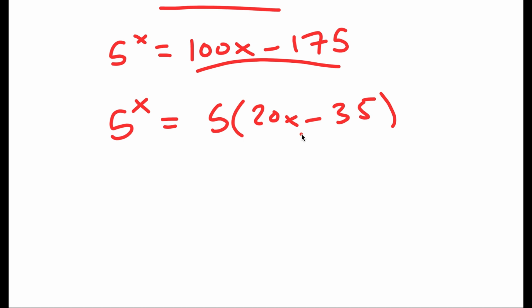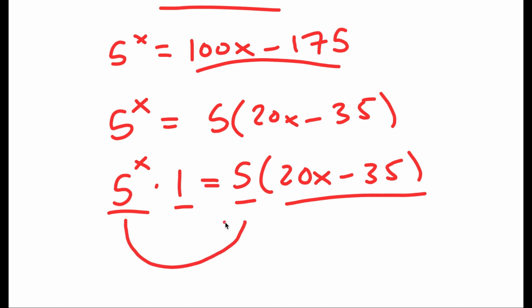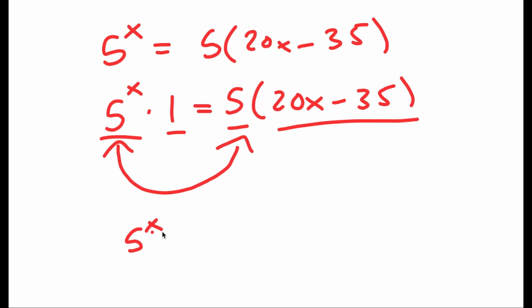Now, what I'm going to do is rewrite phi to the power of x as phi to the power of x times 1. And the reason I'm doing this is because notice how we have a number times another number is equal to another number times another number. So because phi to the power of x and 5 can equal each other, I'm going to set these two equal to each other.